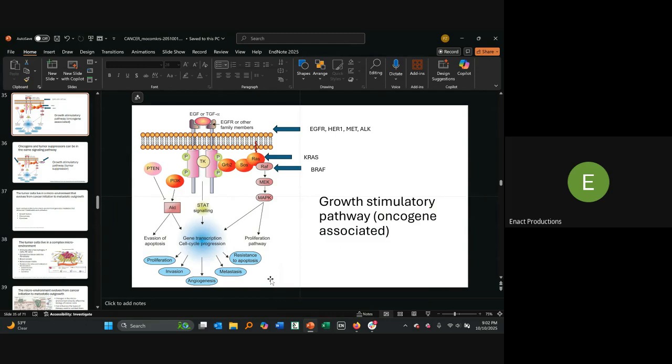Now this is a simplistic case. What we're talking about are classes of binding agents and classes of receptors, but this is just a very simple example. So you have the epithelial growth factor binding to a receptor. That receptor is a tyrosine kinase receptor.